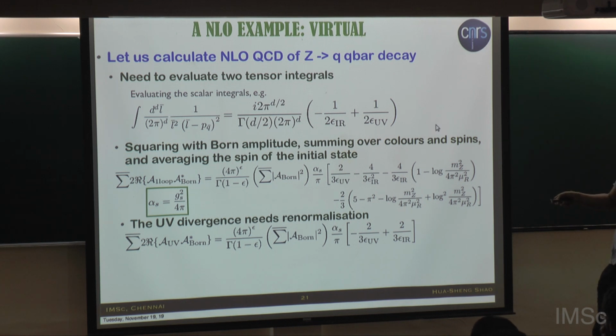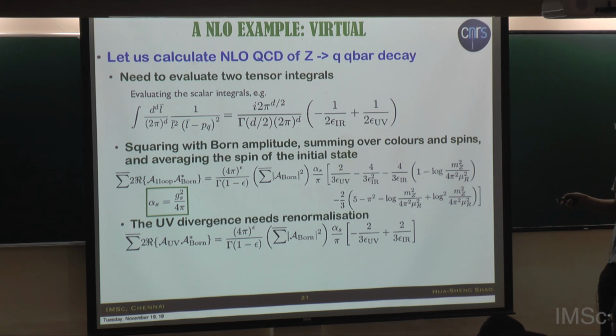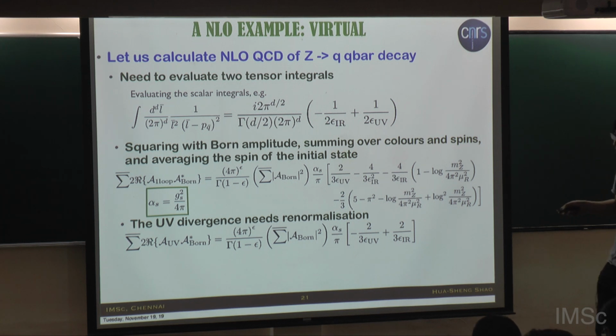So for the amplitude, I have now calculated the loop integrals. I need to get my amplitude squared, right, because of the cross section. I don't do the one-loop squared calculation, because one loop squared gives you alpha s squared compared to the Born squared amplitude.